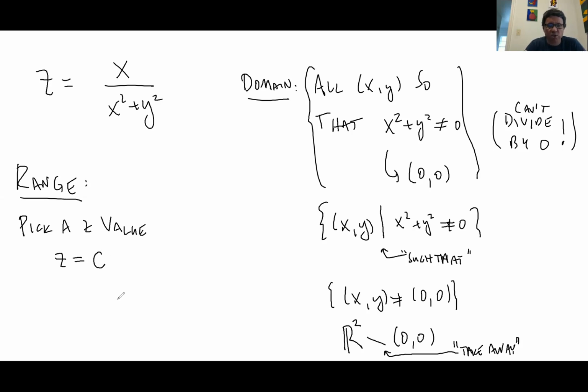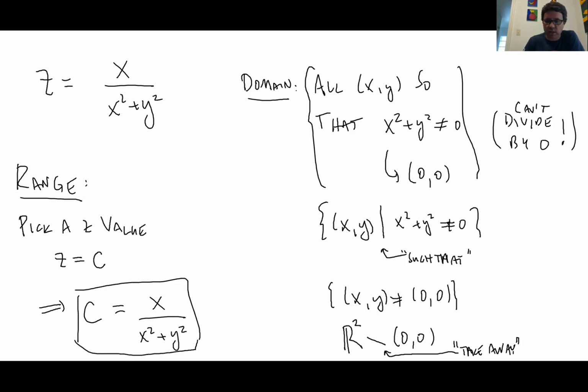And the book uses c. So we'll be able to adjust c later and see what values work. So let's set z to be c. So let's do c equals x over x squared plus y squared. Can we figure out values of x and y that when you plug them in, we get that c value out? So that's what we need to figure out.